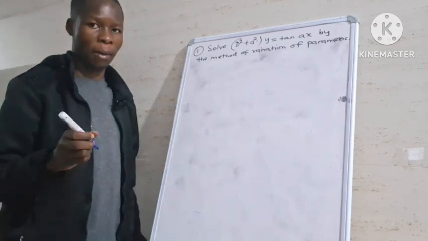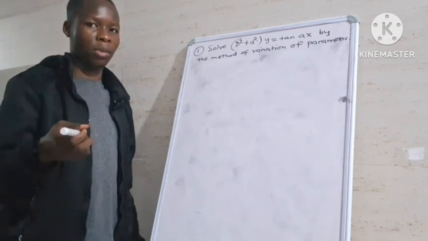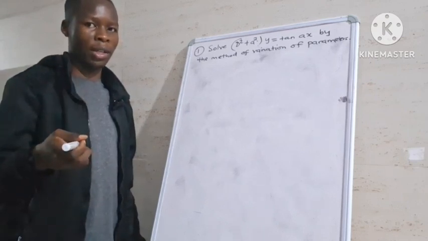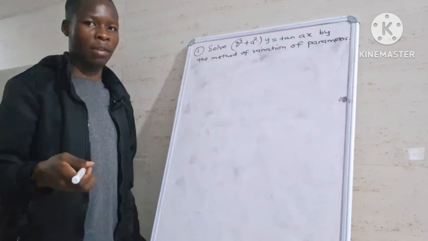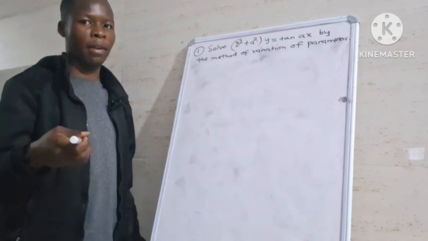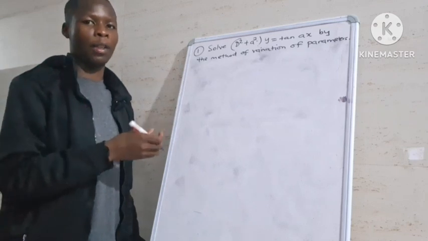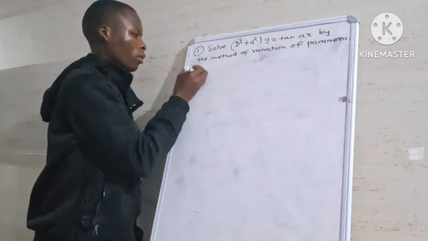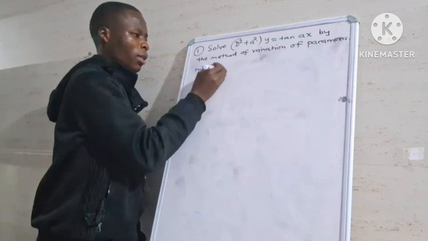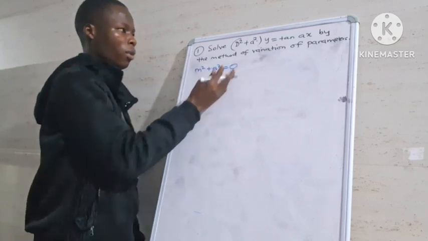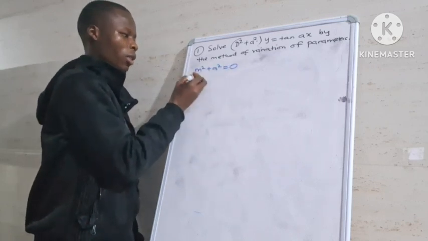To find the complementary function, you write the auxiliary equation, solve it, and write the complementary function based on the nature of the roots of the auxiliary equation. m squared plus a squared is equal to 0 is the auxiliary equation.